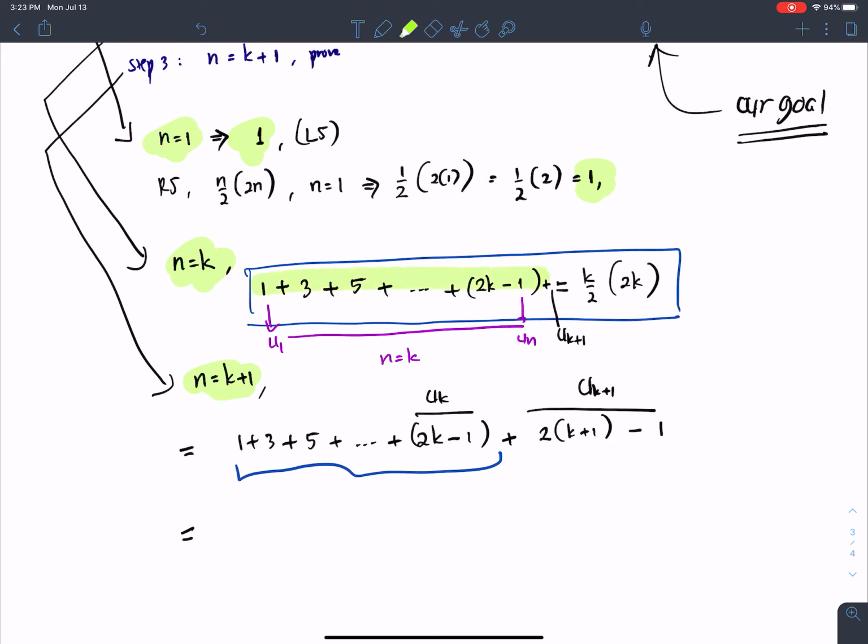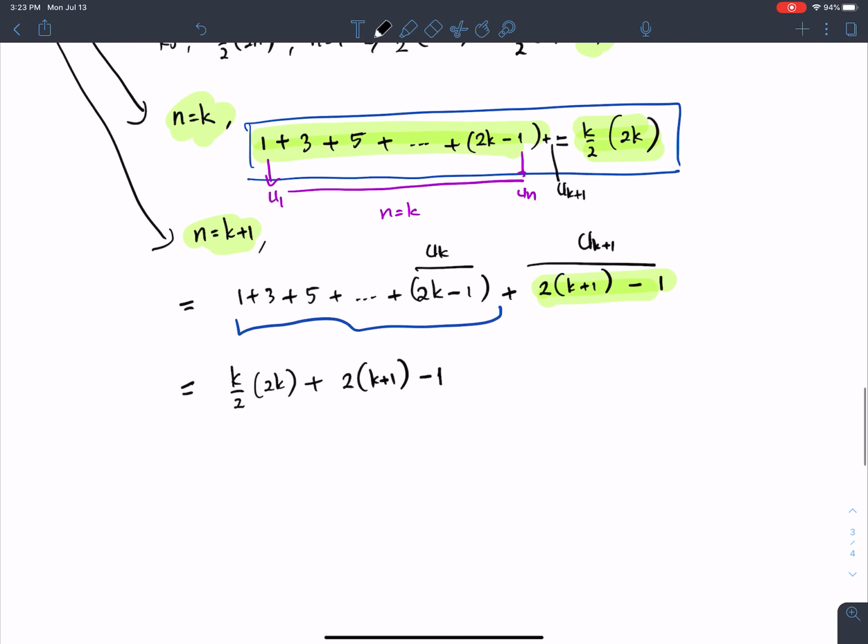So we write it down: k over 2 times 2k, plus the k plus 1 term here, so we put plus 2 k plus 1 minus 1.